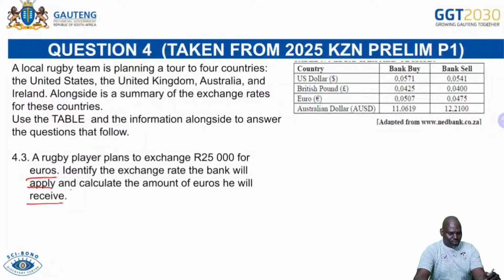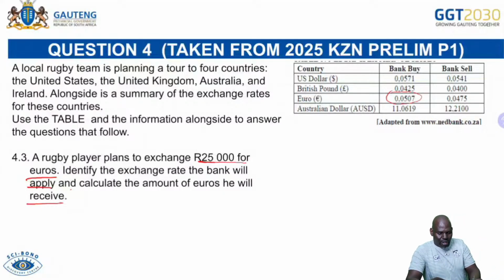Remember, the rugby player is now going to sell the 25,000 rand, so it means the bank has to buy. So they are going to use the euro rate, which is 0,0507. Identify the exchange rate the bank will apply and calculate the amount of euros he will receive.